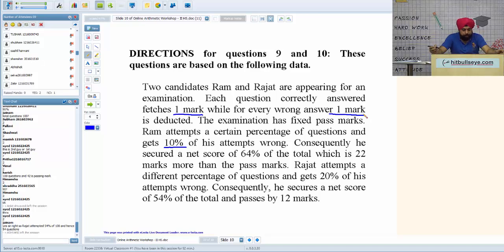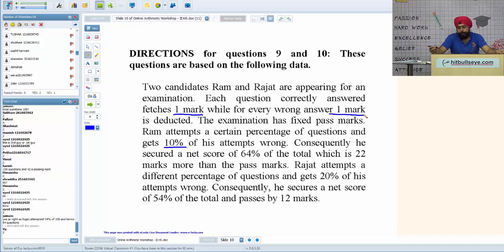Similarly, for Rajat, the second person, he gets 20% of his attempts wrong. So if 20% of your attempts are wrong and 20% you will get negative, this means your net score will be 60% of your attempts.